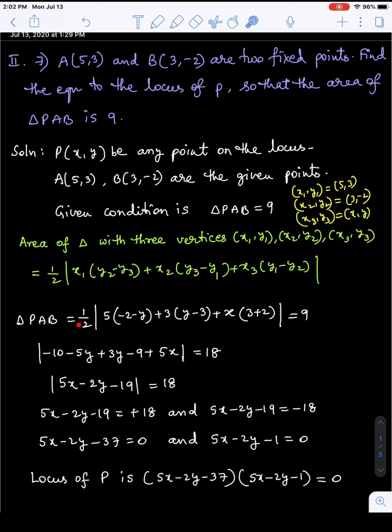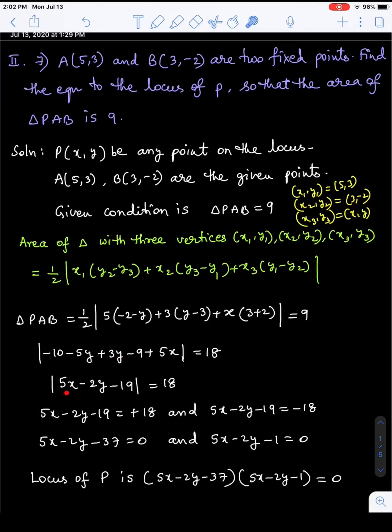Next step, the 2 will be taken to the RHS. It will become into 2. 9 twos are 18. Here the mod symbol will be taken. After removing brackets: minus 10 minus 5y plus 3y minus 9, because 3 threes are 9, plus 5x plus 2x... these are like terms, we can add them. 2 plus 3 is 5, so 5x.